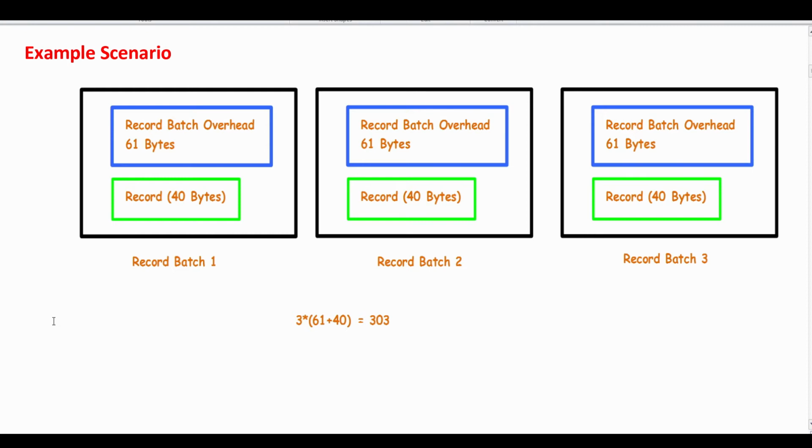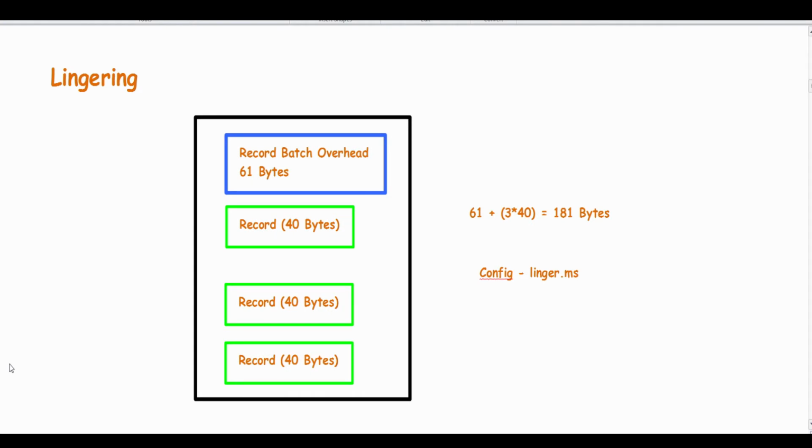So let's see how we can optimize the process so that we can reduce the size of the message. The first technique is called lingering. In lingering, instead of one record batch sending one record, we define a flag called linger.ms, which is nothing but a wait time.